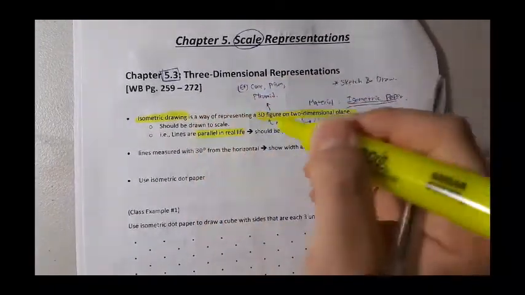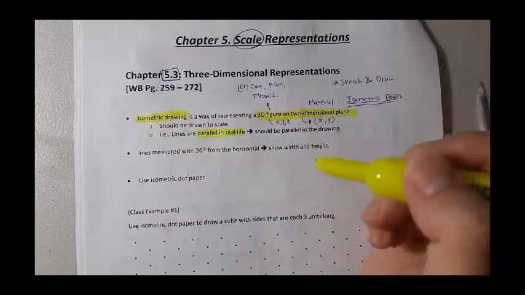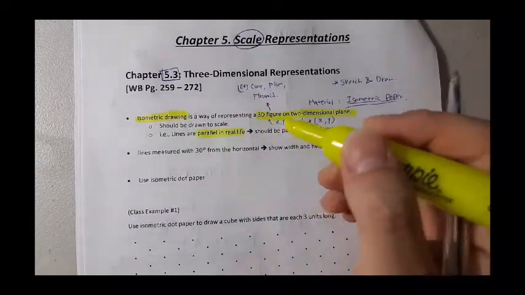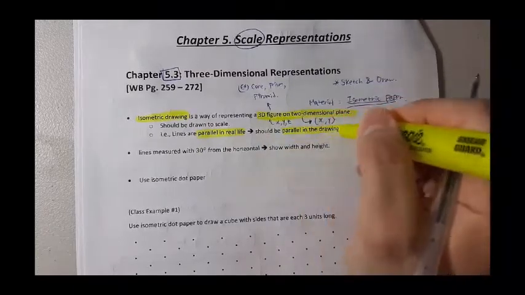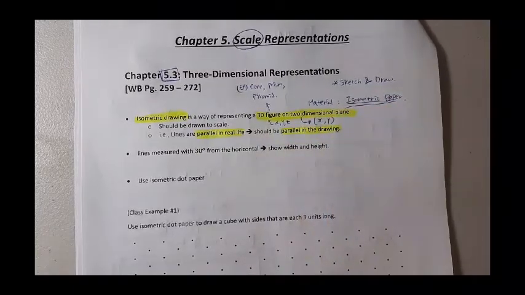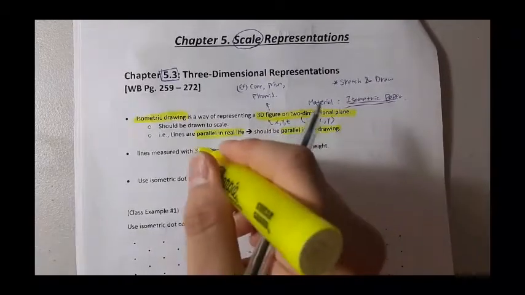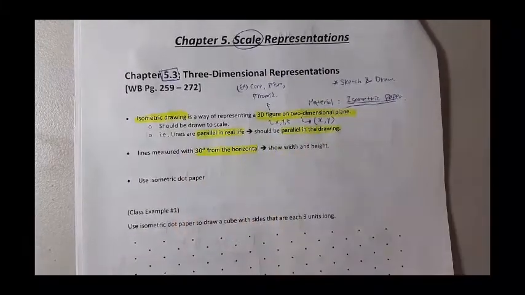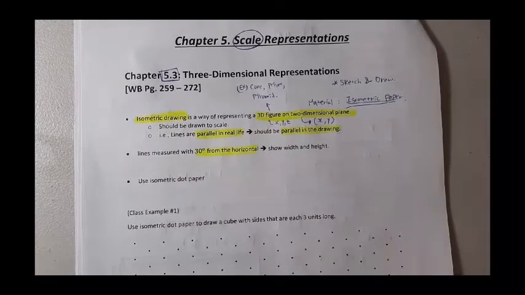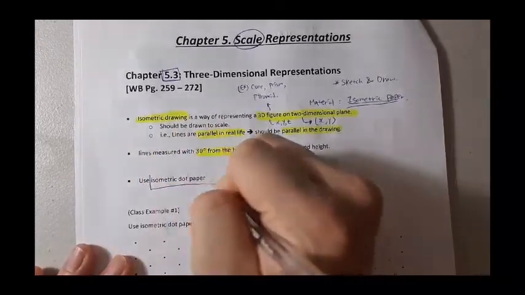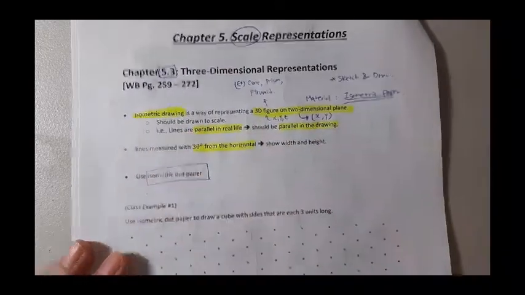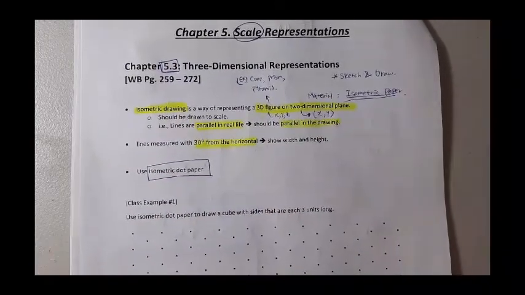If you have any parallel lines, for example, a square or rectangular face in a prism, then you should draw everything parallel also. And when it comes to depth, we generally use a 30 degree angle from the horizontal, and that gives you the concept of depth. That's what I'm going to use for drawing our picture.